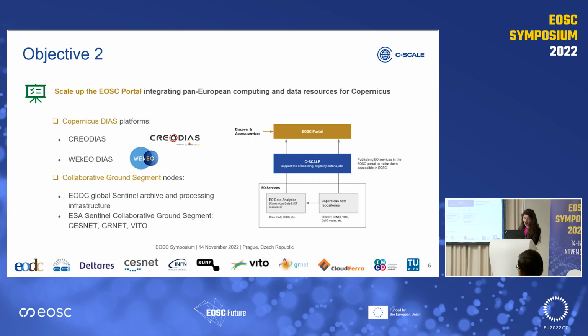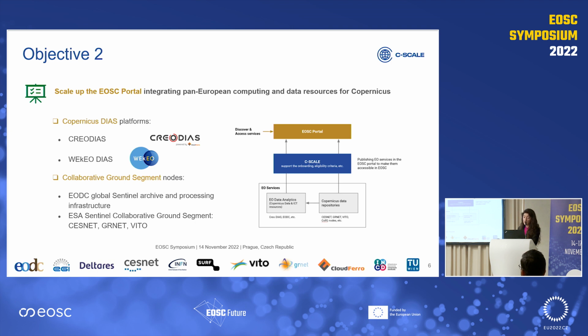The second objective is to scale up the eoSC portal with the federated resources, as I already referred to. And here I also wanted to mention that apart from the eoSC providers and the EO, we also have representatives from Copernicus DIASes.